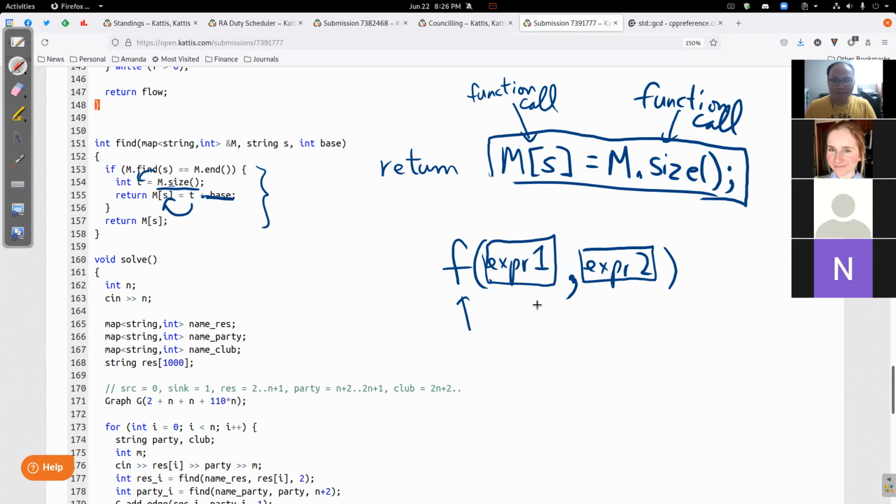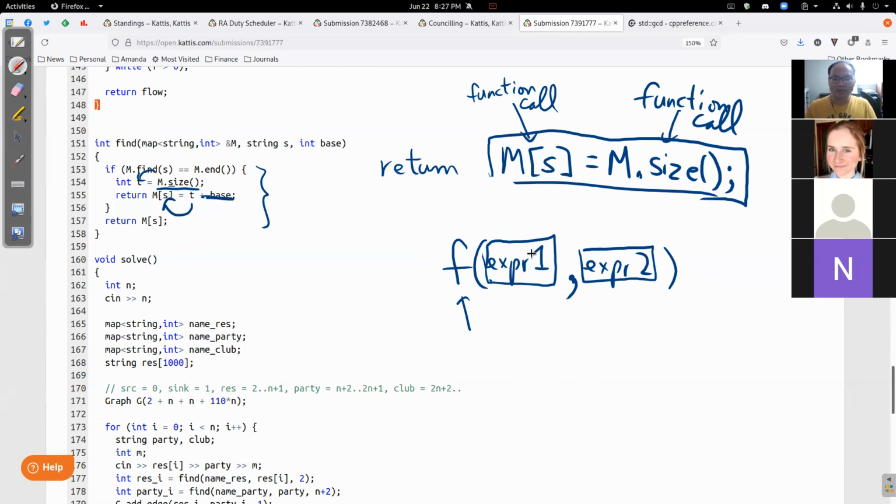Now, in the C++ standard, there is absolutely no requirement that expressions 1 and 2 have to be computed from left to right. The compiler can choose to compute multiple parameters in whatever order it pleases.